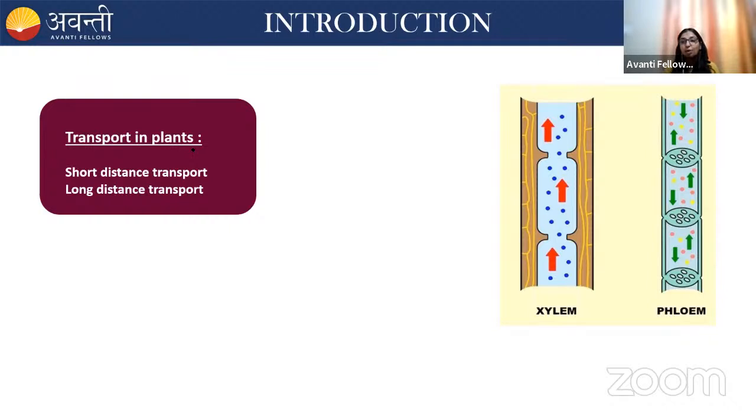Short distance transport is transport which takes place within the cell, which requires movement across the membrane, or movement between two cells. Long distance transport requires vascular tissues like xylem and phloem, because we have to cover a very long distance.